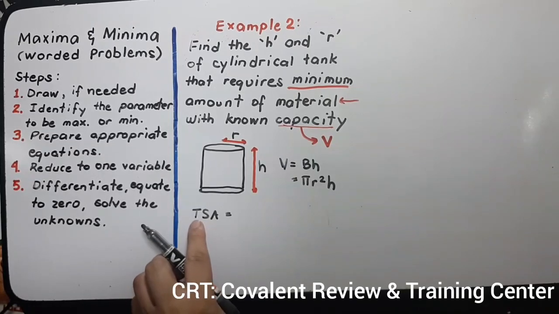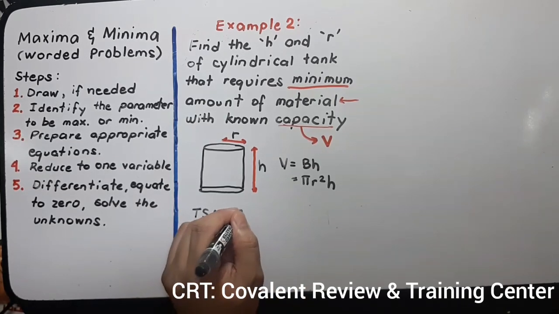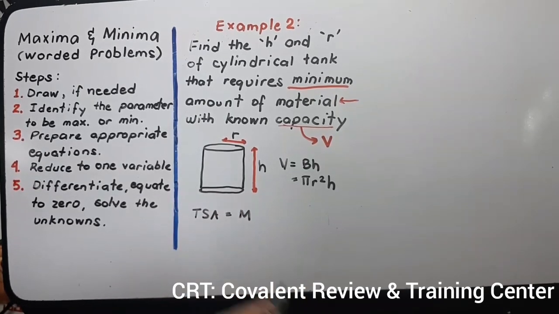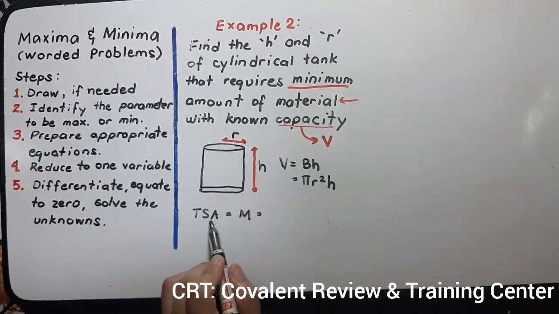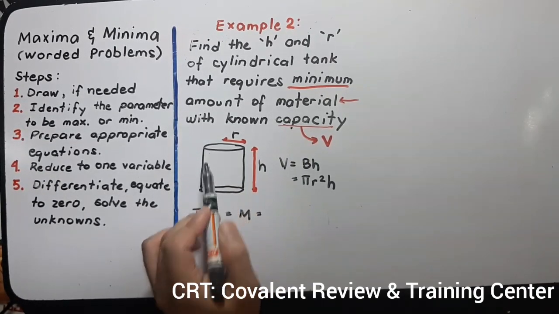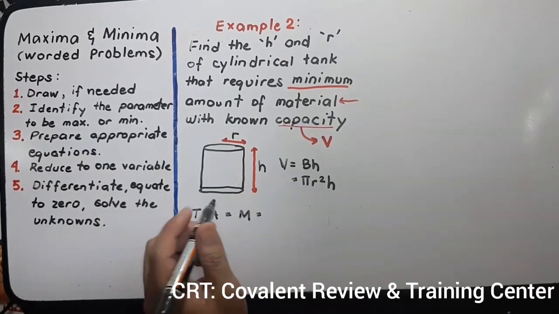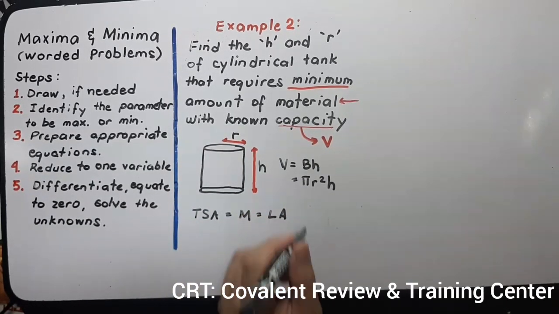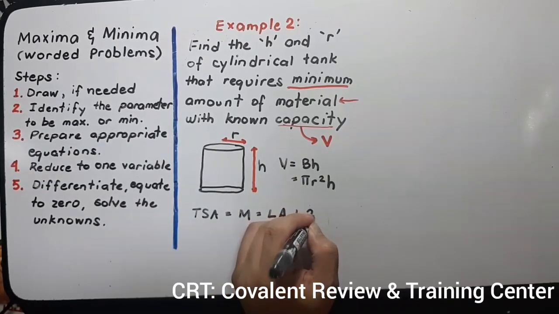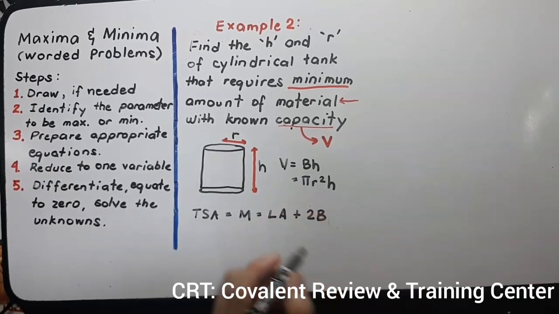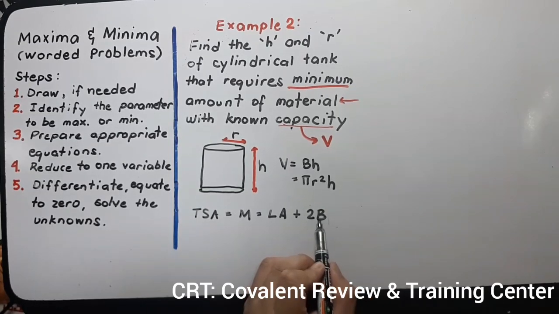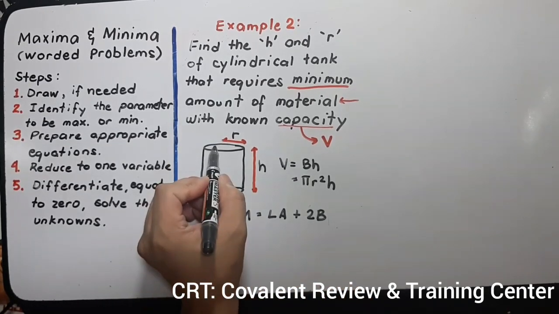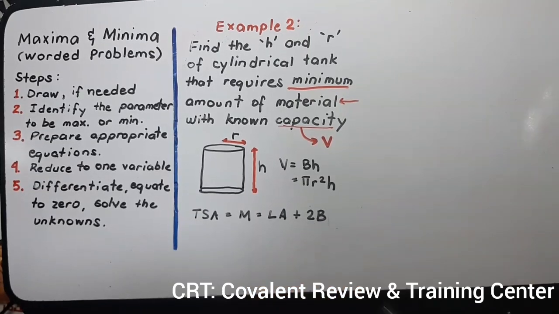Let us represent the total surface area into one variable or letter. Let's say M. And the total surface area of a cylinder or cylindrical tank is its lateral area plus twice its base. 2B because of the lower base and the upper base.